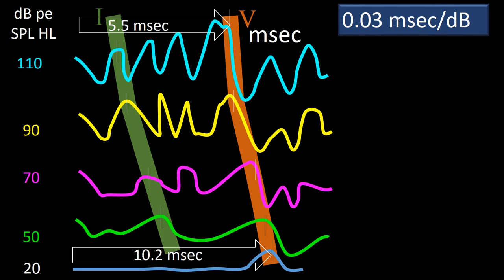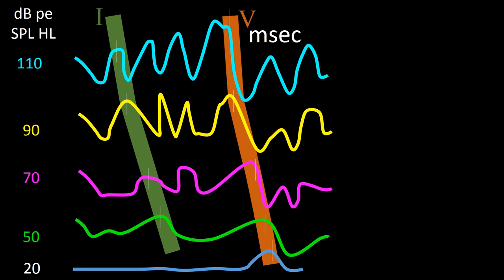As a general rule, latency to wave 5 decreases at a rate of 0.03 milliseconds per dB as the intensity is increased. It is also interesting that the 1 to 5 interpeak interval is shorter at 50 dB than at 110 dB.